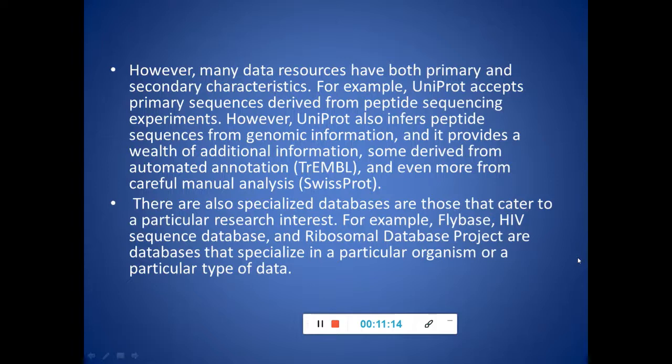So you cannot give a clear-cut mark that this is a primary database and this is a secondary database, because sometimes some databases might also contain primary sequences. The example of that was UniProt.